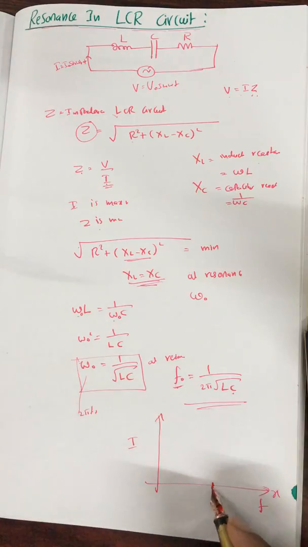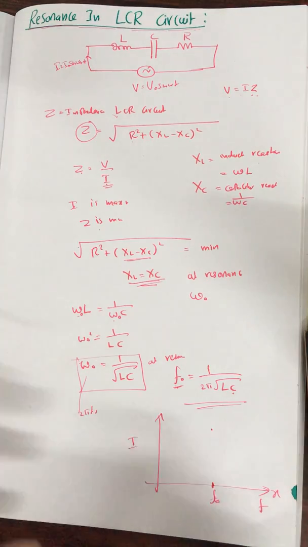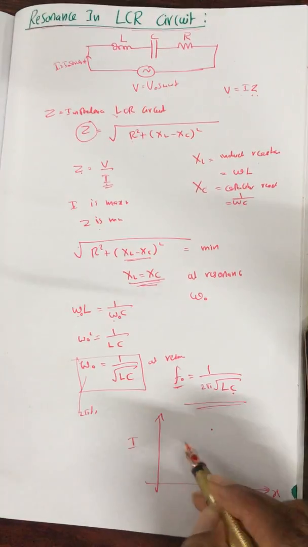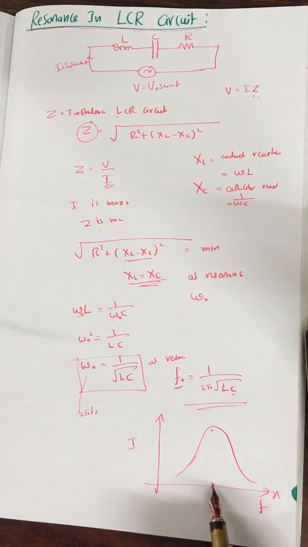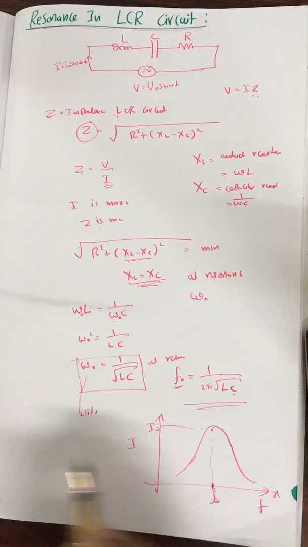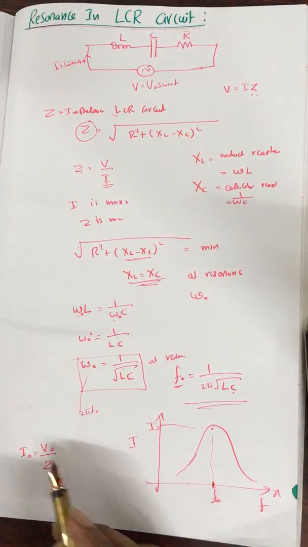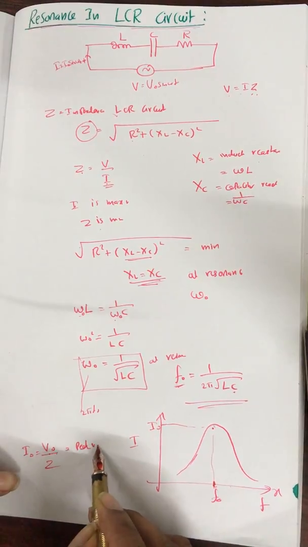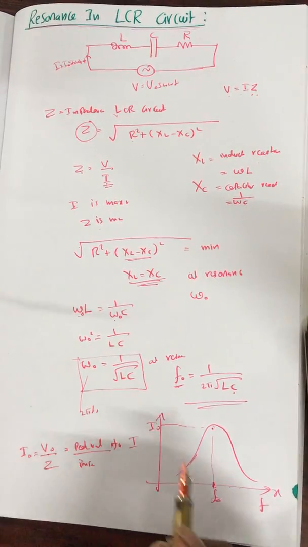On either side, if you increase or decrease the frequency, the current decreases. So this way you can expect the curve. For f naught, the current becomes maximum, that is I naught. So I naught is equal to V naught by Z, where V naught is the peak value of voltage and Z is the impedance of the LCR.